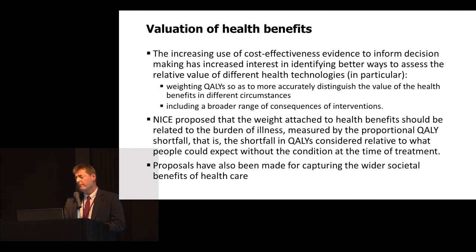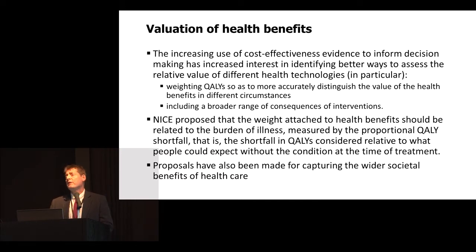And there's two broad approaches that are apparent. One, focusing on QALYs, is to stop regarding all QALYs, or quality-adjusted life years, as being of equal value. In other words, move to a situation where you weight the QALYs according to some characteristic, perhaps, of the recipient. The most common example of this is weighting according to the severity of the condition.